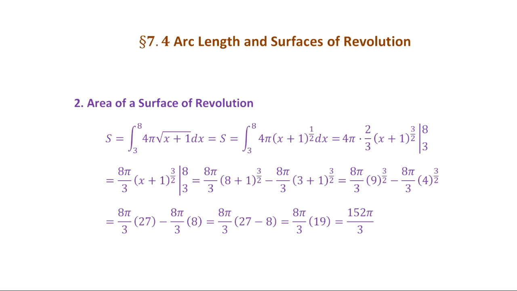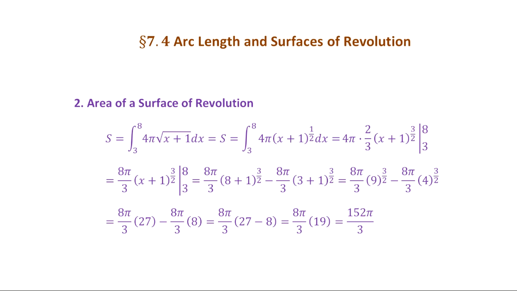And then just plug in 8 and 3 into the result for x. So we got 8 pi over 3 if you multiply 4 pi with 2/3 times x plus 1 to the 3 halves, and then plug in 8 and 3.